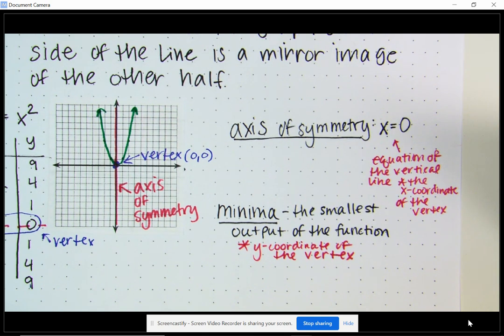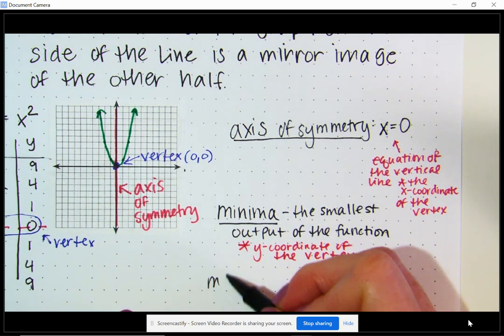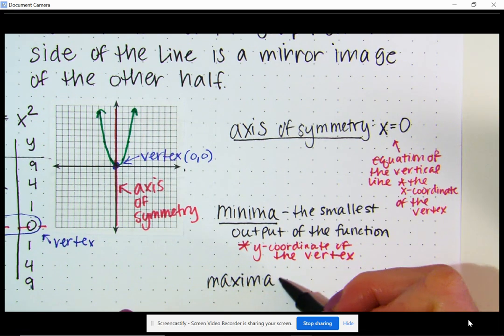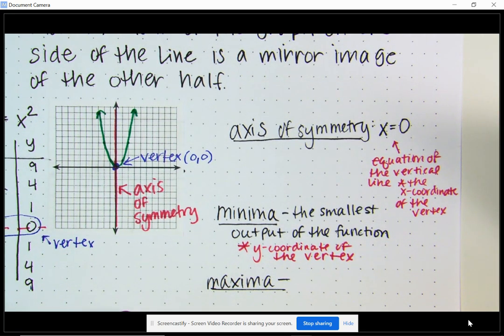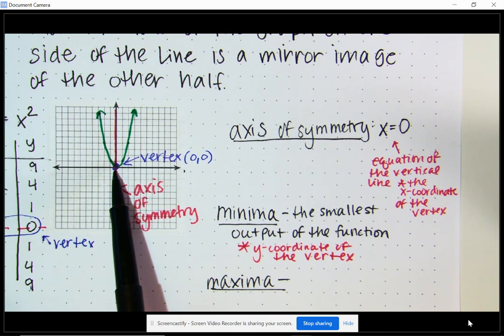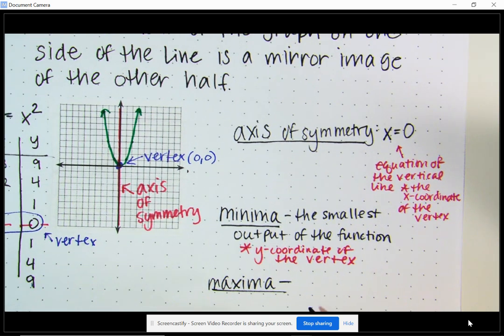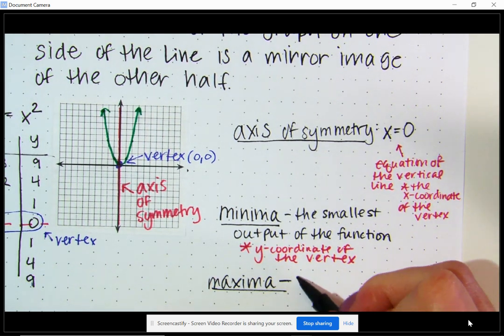If you have a minima, then you also have a maxima. Okay, so in this case, our minima would be 0 because that's the lowest point, right? The smallest y coordinate. The maxima is going to be the highest output.